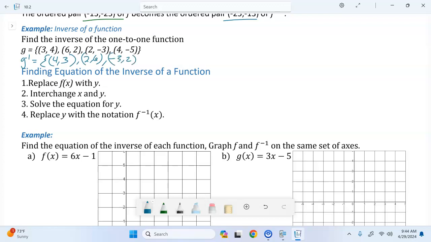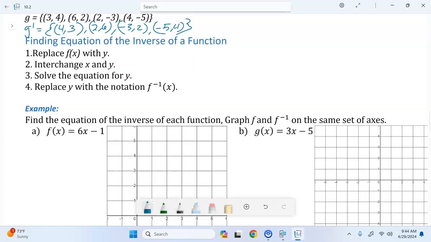Negative 3, 2. And then what about for 4, negative 5? Negative 5, 4. Easy peasy, right? Switch the ordered pairs, and that gives us our inverse function. I can do that on a graph as well. If I have a graph with a bunch of points on it, I can write those coordinates, switch those points. Now I have my inverse function. Okay? Switch the coordinates for the ordered pairs.